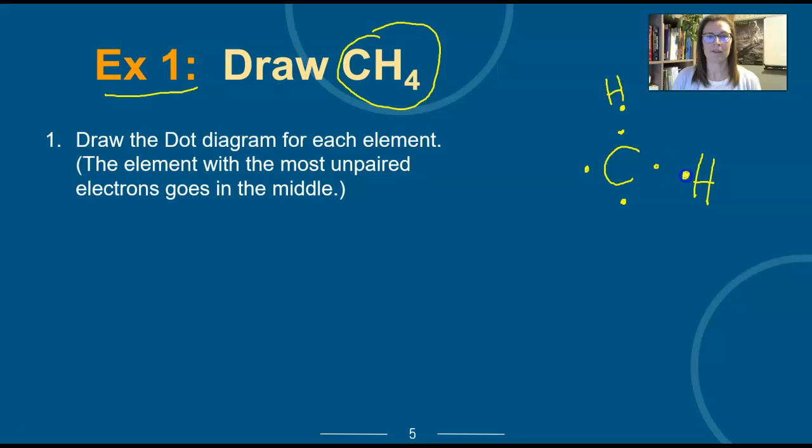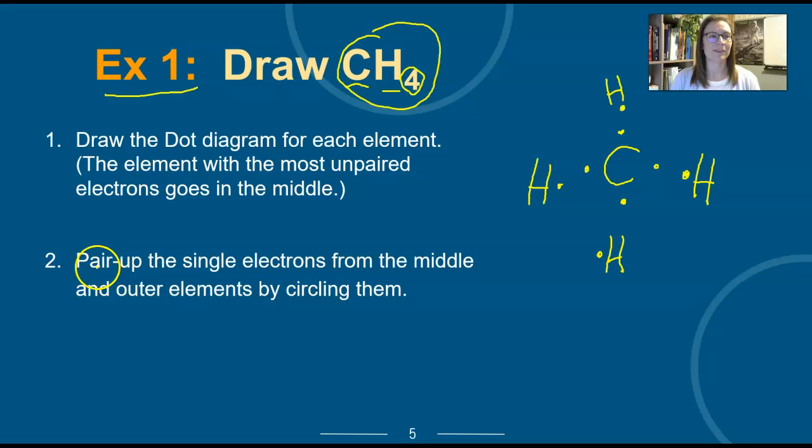All right, so now I have drawn the dot diagrams for all of my atoms in my compound, right? So this told me that I had 1 carbon, and this subscript told me that I had 4 atoms of hydrogen. So that is what I've drawn here.